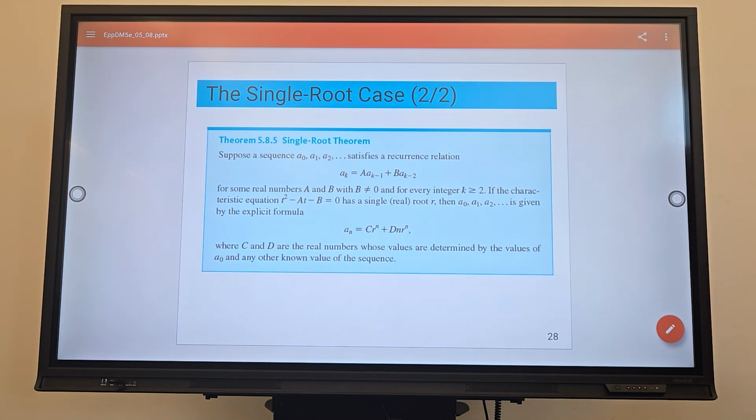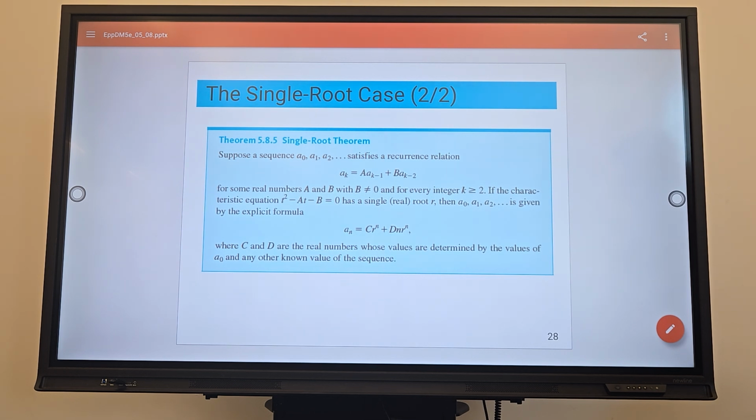Single root theorem. Suppose the sequence A satisfies the recurrence relation given for some real numbers a and b, with b not equal to 0, for every integer k greater than or equal to 2.